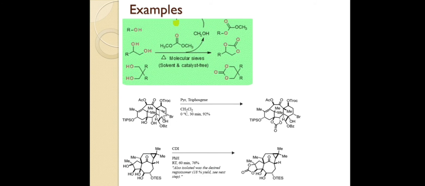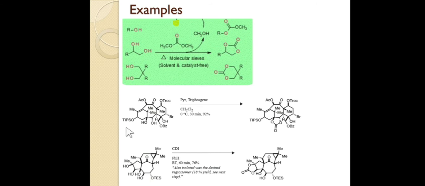Now let's see another example. This is how diols are protected. This is an example of a 1,2-diol and this is an example of a 1,3-diol. In the presence of dimethyl carbonate we get protection of the diols. Taxol synthesis is one of the best syntheses for new students studying organic chemistry.